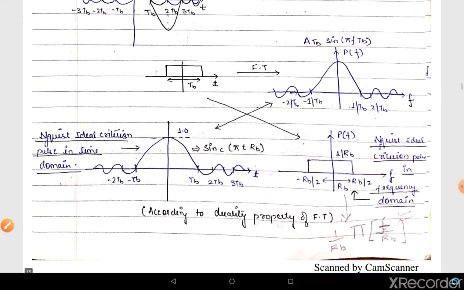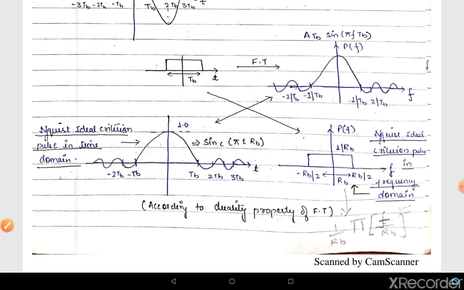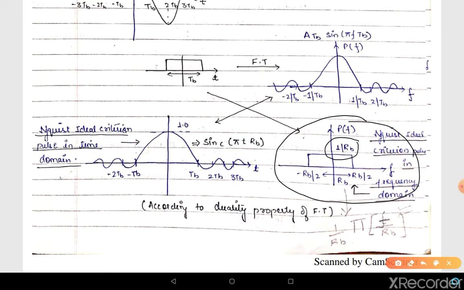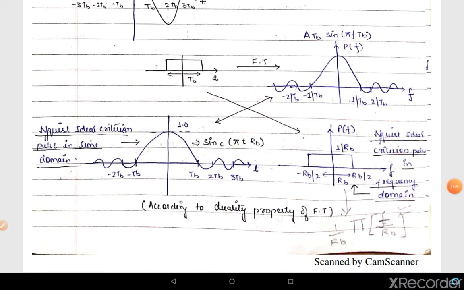So let us see here. What we do is we select a pulse which is shown here. In this case we choose a pulse of the height 1 by RB, and this pulse is of the bandwidth RB by 2, that is the Nyquist bandwidth, which is the minimum required bandwidth.